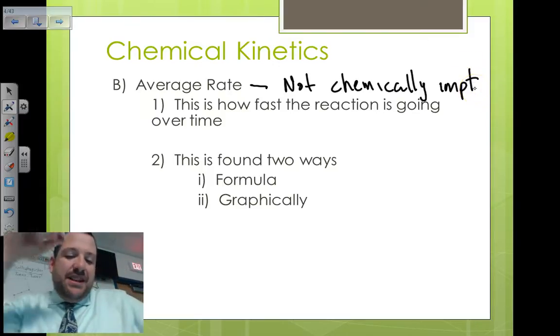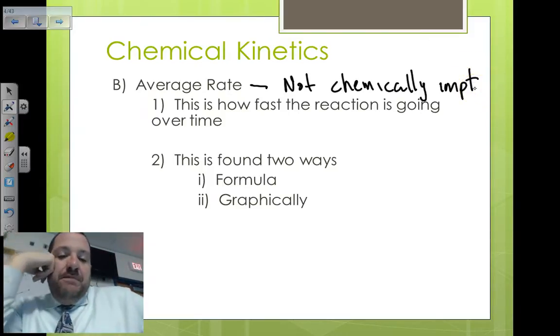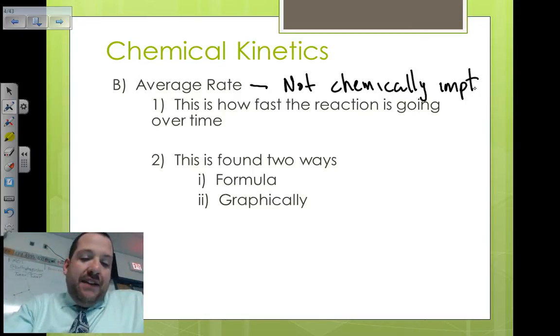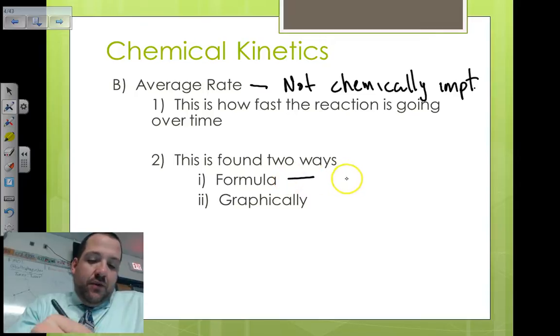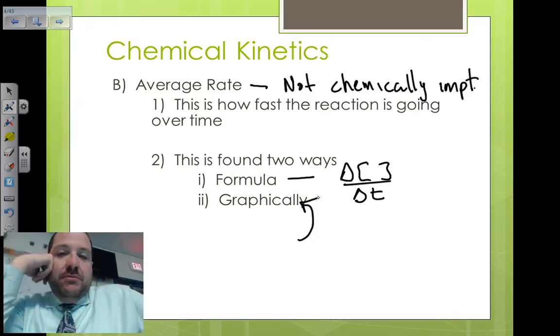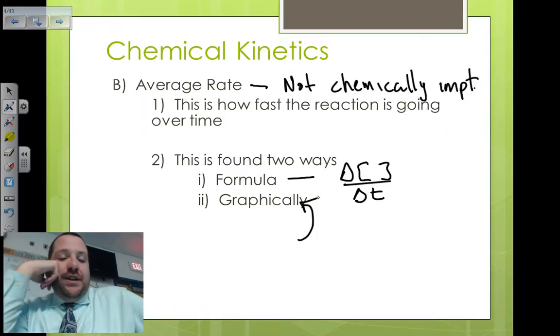I mean, it's chemically relevant, but in terms of knowing what the average rate of a reaction is, it's really not chemically important. And so how do we find out what the average rate is? Well, we can use that formula, change in concentration of whatever it is over change in time. Or, and you'll see a lot of this throughout the kinetics unit, we want to talk about it graphically.